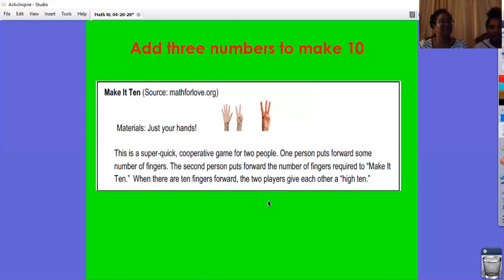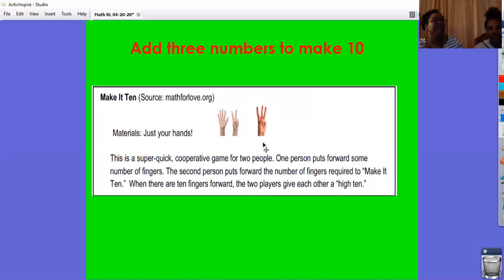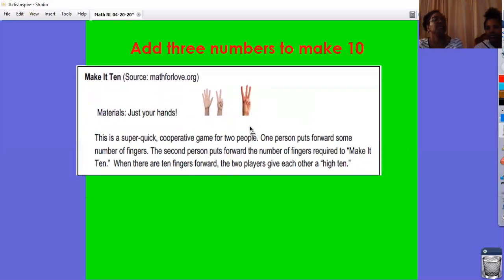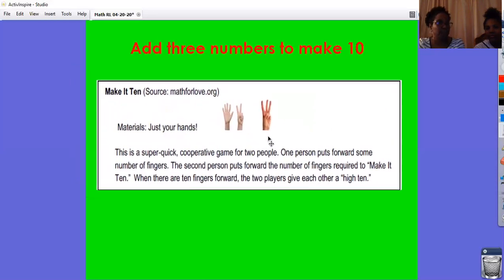We're going to play Make It 10. So what we will do is, as we look at the computer, the first person will come up with 2 different numbers on their hand, or it could be the same. And then I will count them and find out how many more to count on to make 10.